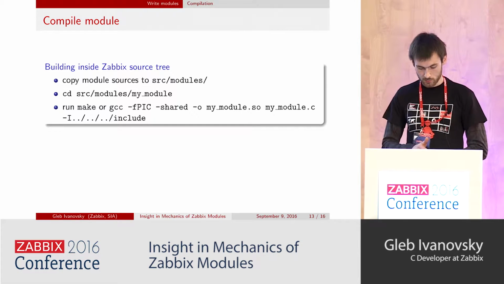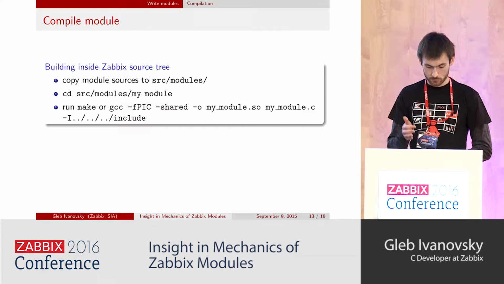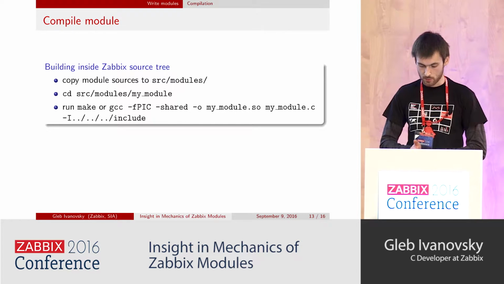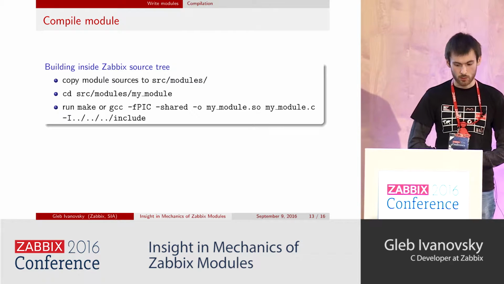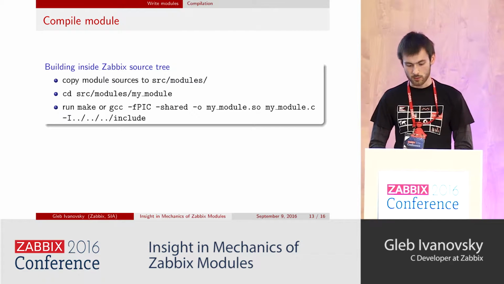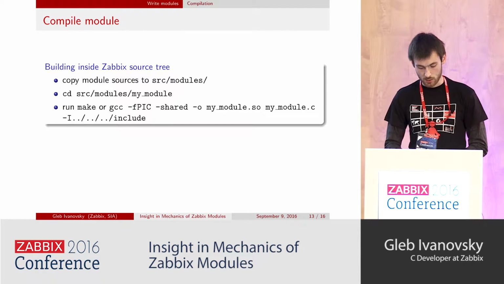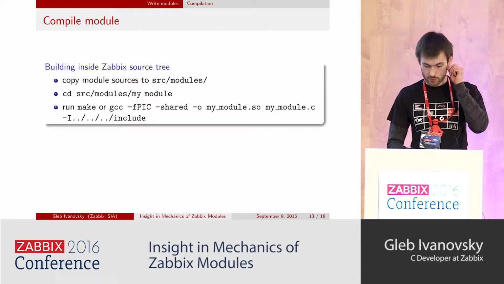So now we need to build the module. If we are building inside Zabbix source tree, we copy our module source to specific directory, src/modules, and run compilation there.